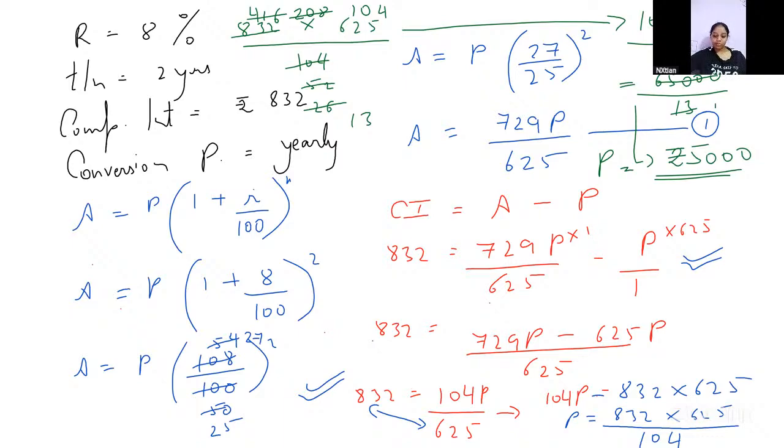Emma, what will be the amount now? If interest is 832 and principal is 5,000, what will be the amount?